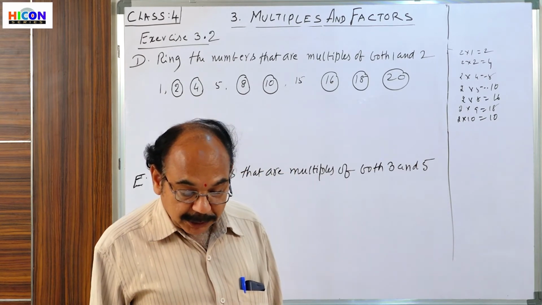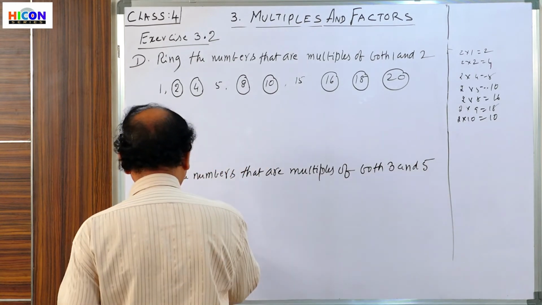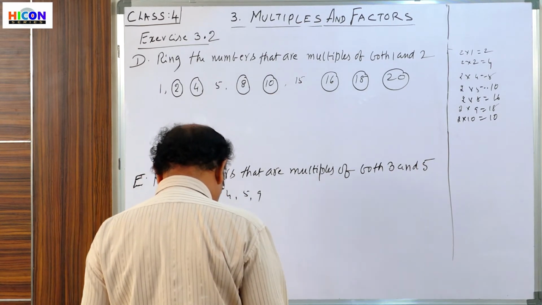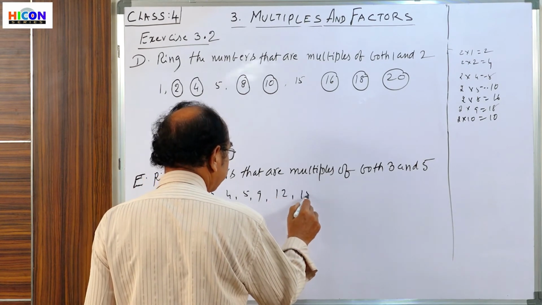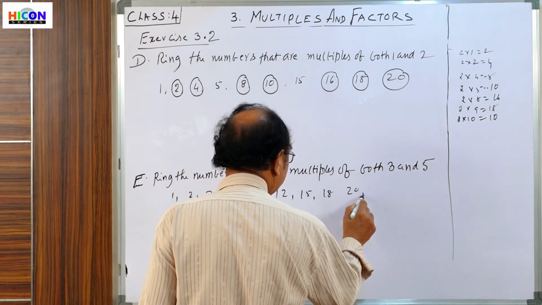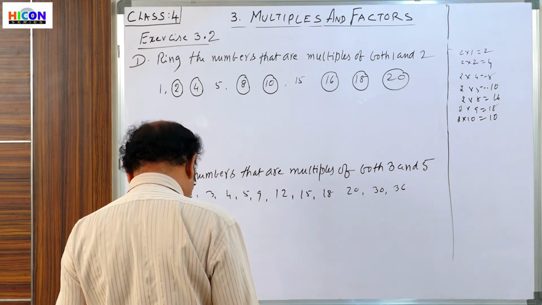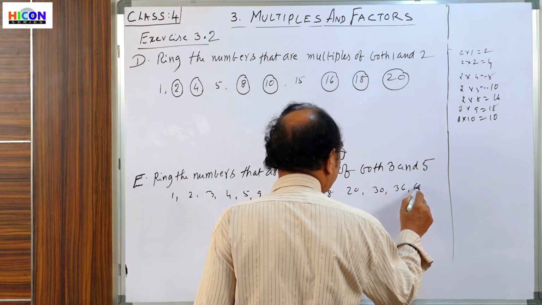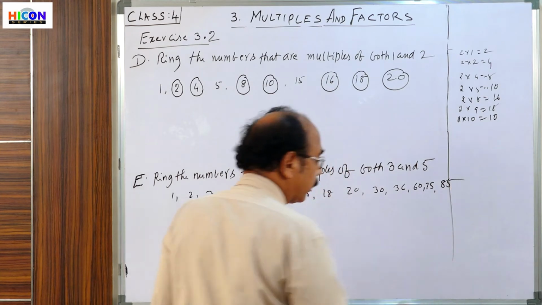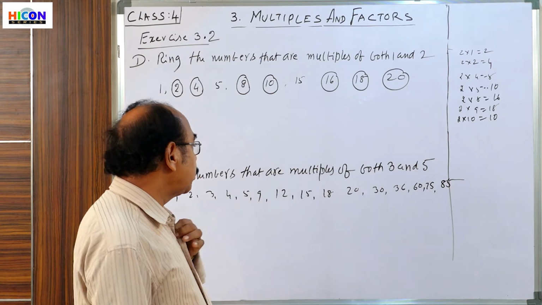What are the numbers mentioned here? 1, 2, 3, 4, 5, 9, 12, 15, 18, 20, 30, 36, 60, 75, and 85. See children here. Ring the numbers that are multiples of both 3 and 5.